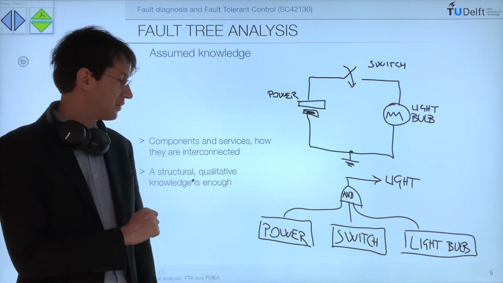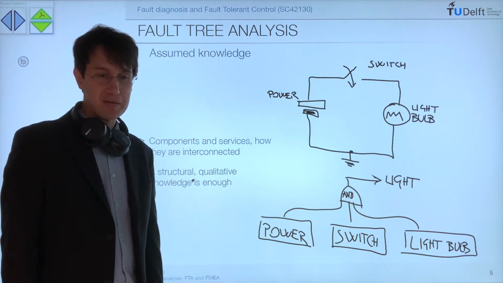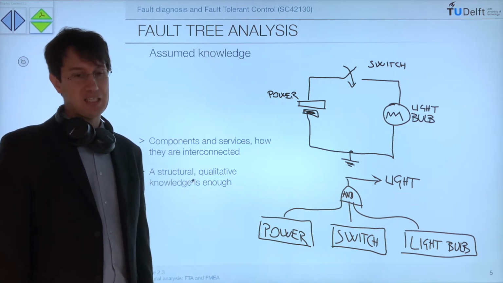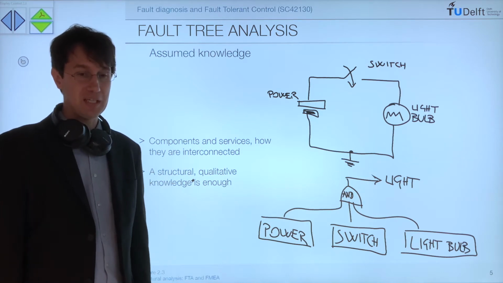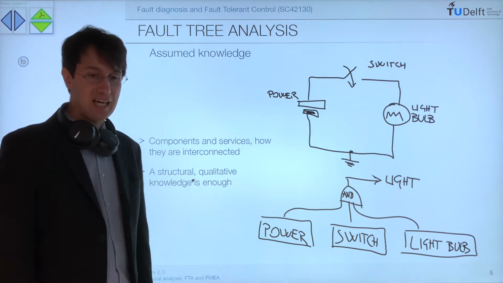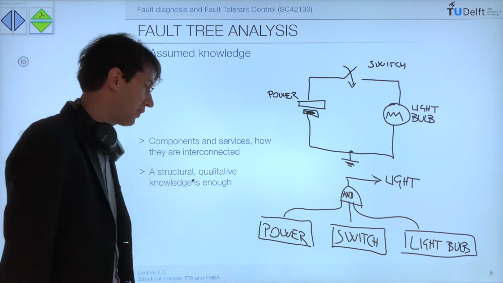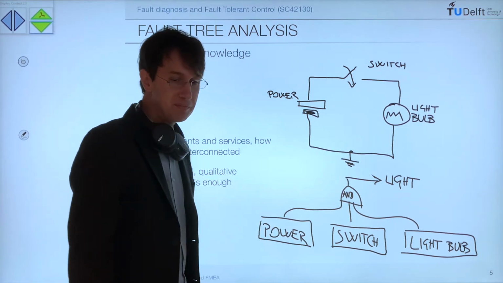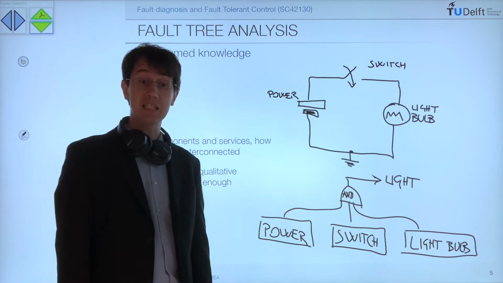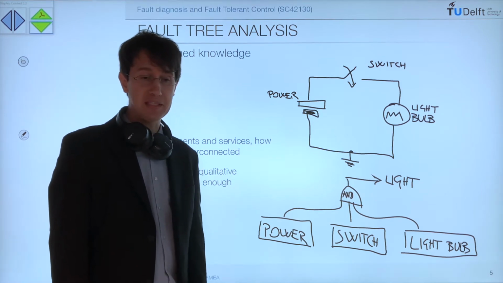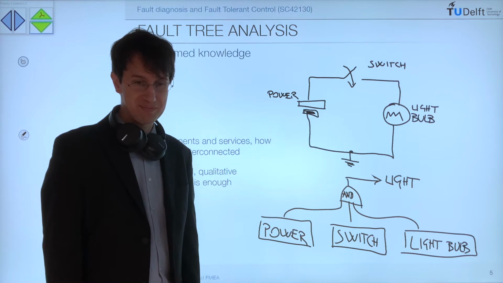This way it is easier to understand the concept now, but be prepared that in the fault tree analysis that we are introducing in this lecture, the opposite point of view is used. So instead of asking whether a component is working, the fault tree analysis is asking whether a component is not working.